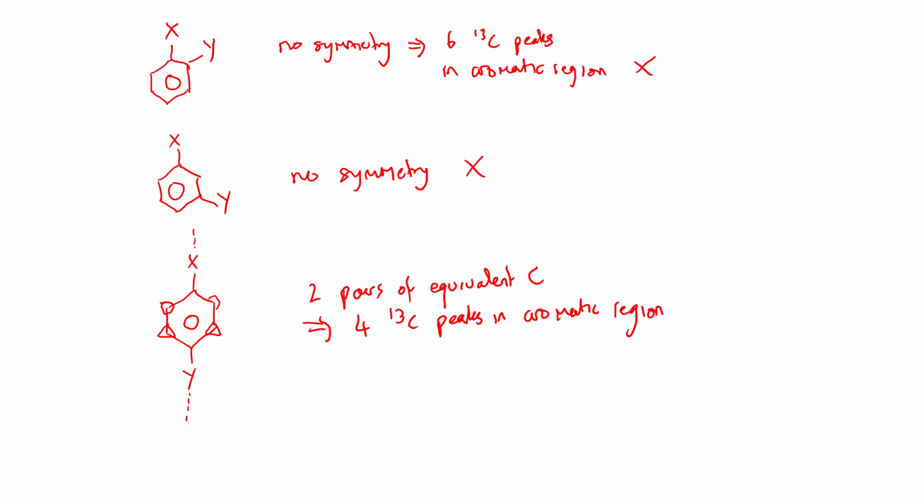So what we're now looking for, we can fairly confidently say, is a benzene ring with 2 groups in the 1,4 orientation.